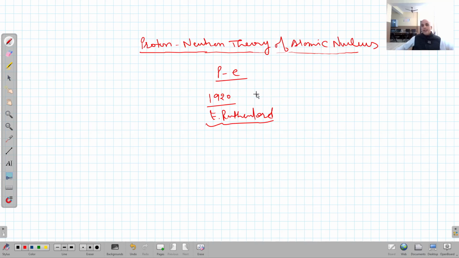Ultimately in 1932, James Chadwick, who was an English physicist, ultimately confirmed the predictions of Ernest Rutherford, and he discovered a new particle and gave that particle the name neutron.